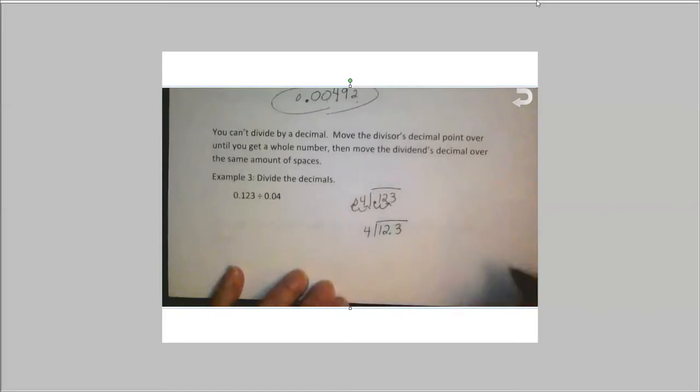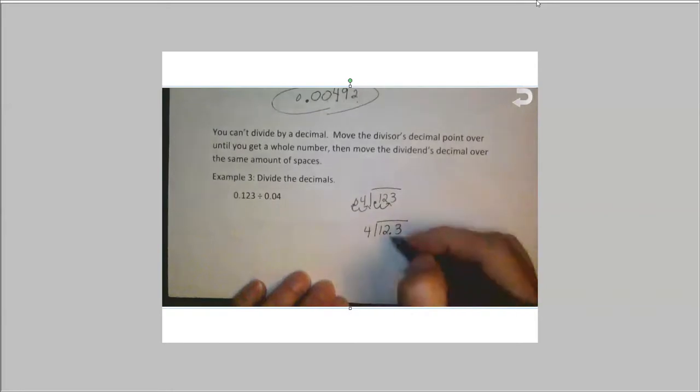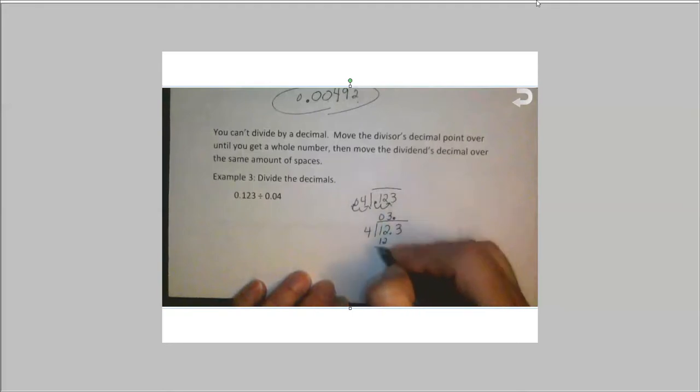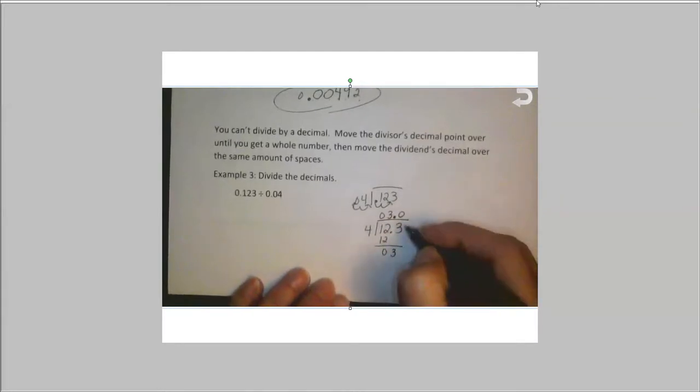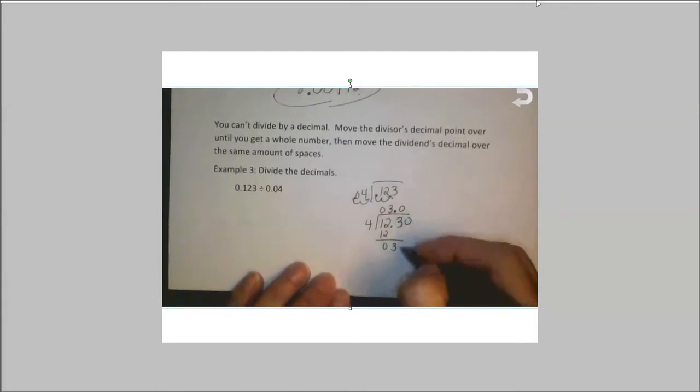divided by 4. Now that my divisor is a whole number, I'll bring that decimal straight up. 4 will not go into 1, but it goes into 12 3 times. I'll bring that 3 down. 4 will not divide into 3. So I'm going to need to add a 0 and bring that 0 down.